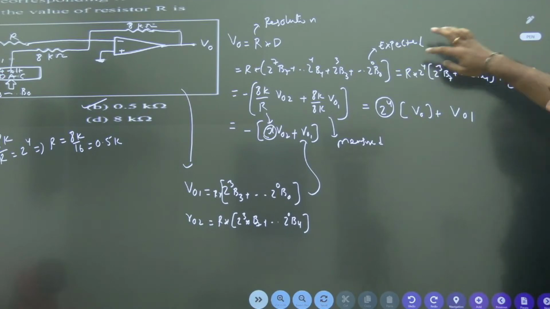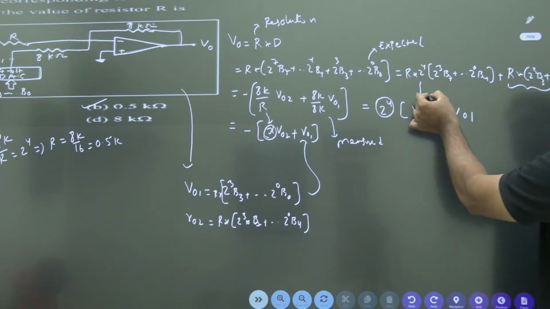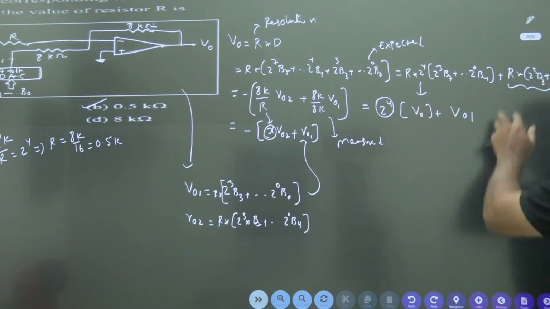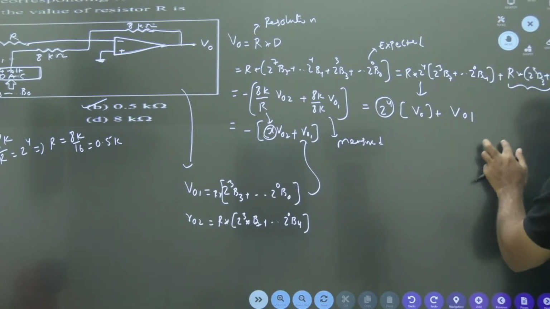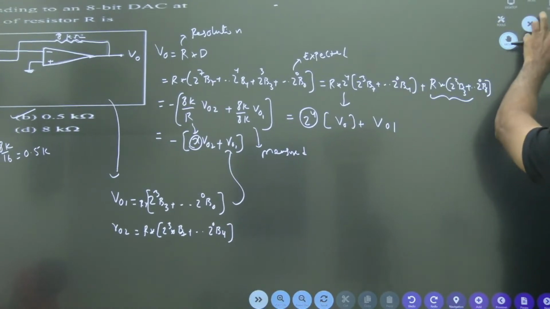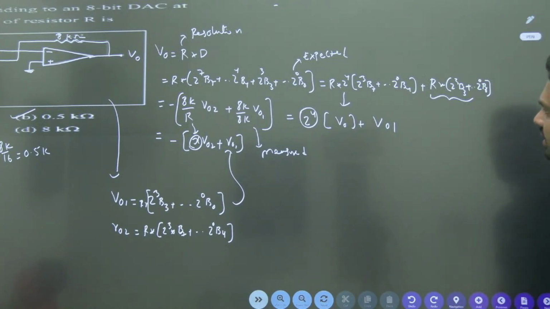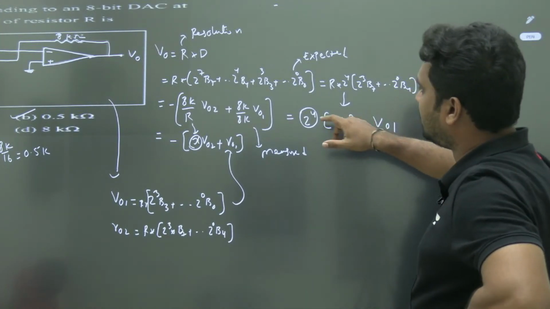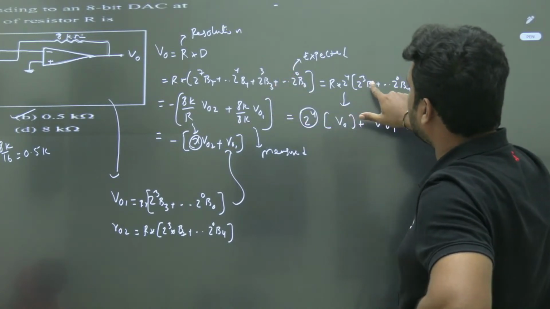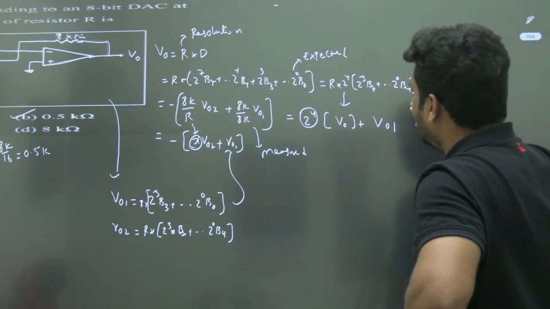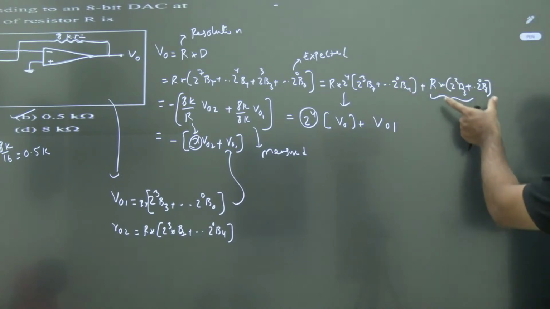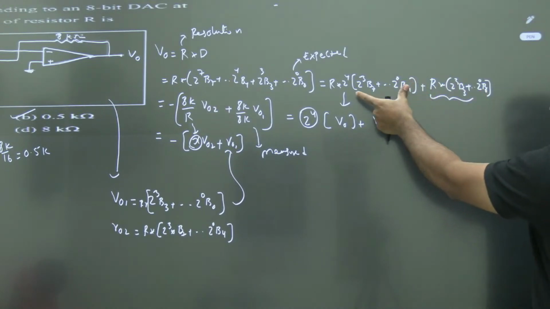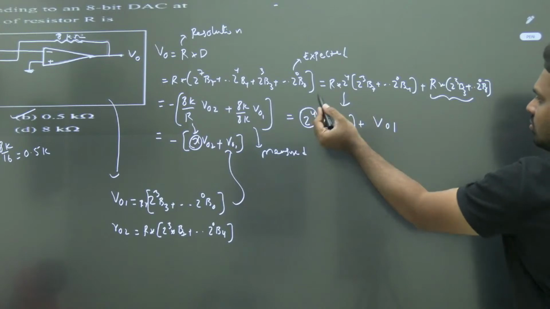From the expected equation, I have taken 2 power 4 common in the first part, then 2 power 3 b7 to 2 power 0 b4. Second part I just multiplied. This is nothing but my V01. This is nothing but my V02 into 2 to the power of 4.